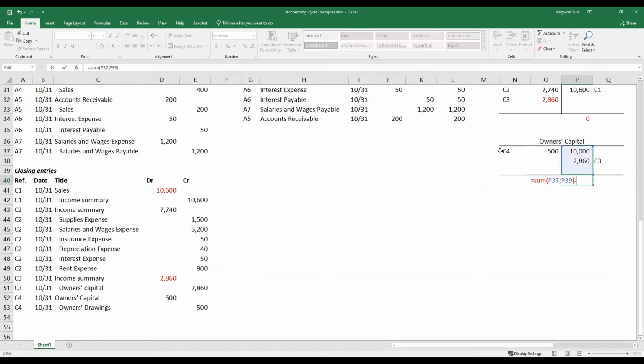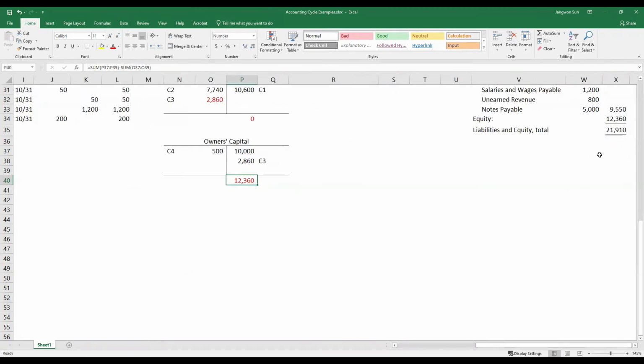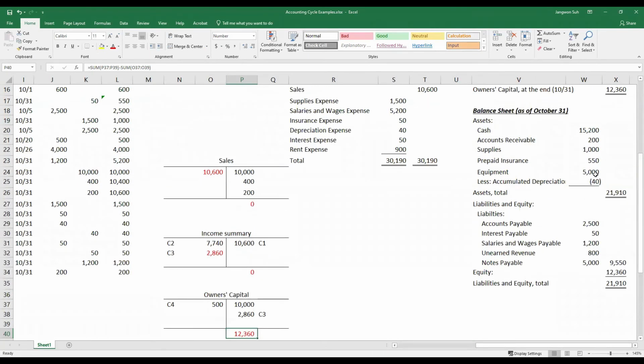Then what's your ending balance? Owner's capital: sum of the credit total minus sum of the debit total. It is 12,360. Where is it? 12,360. Right.